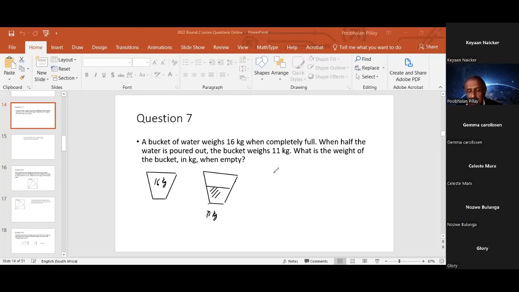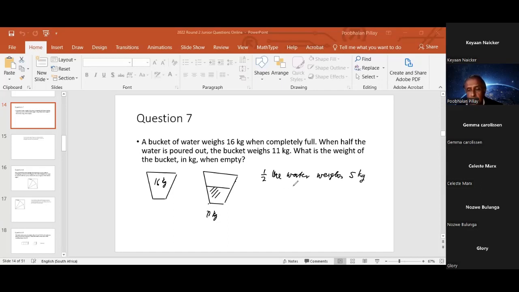It's the water that has been dropped out. So half the water weighs 5 kgs. The weight is reduced by 5 from 16 to 11, and so the reduction is a result of the water being dropped off. And that's half the water.